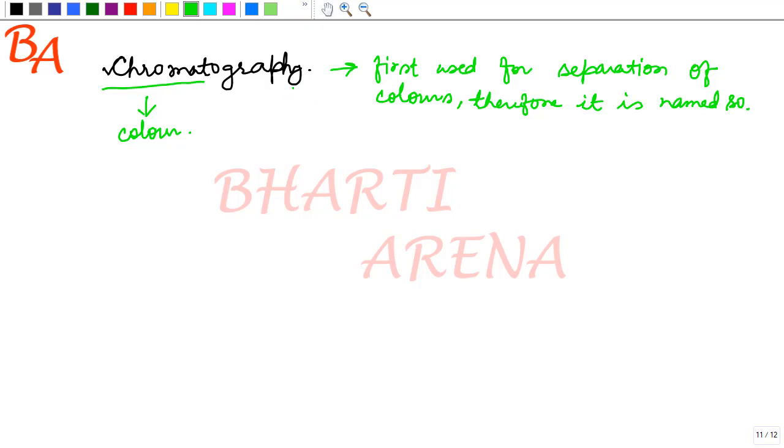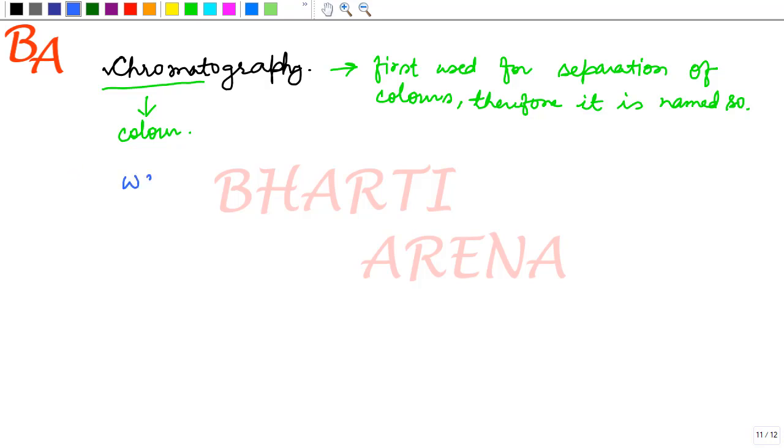So chromatography is used for separating those solutes which are soluble in the same solvent.